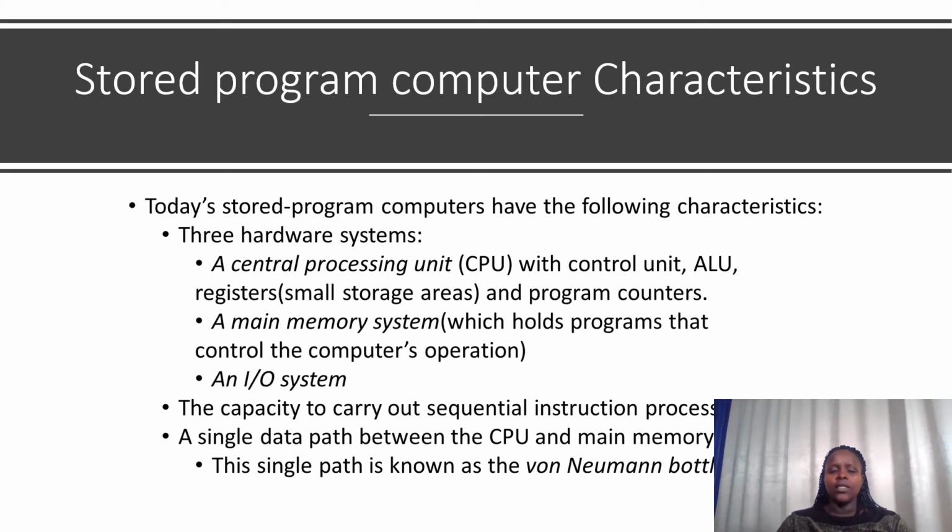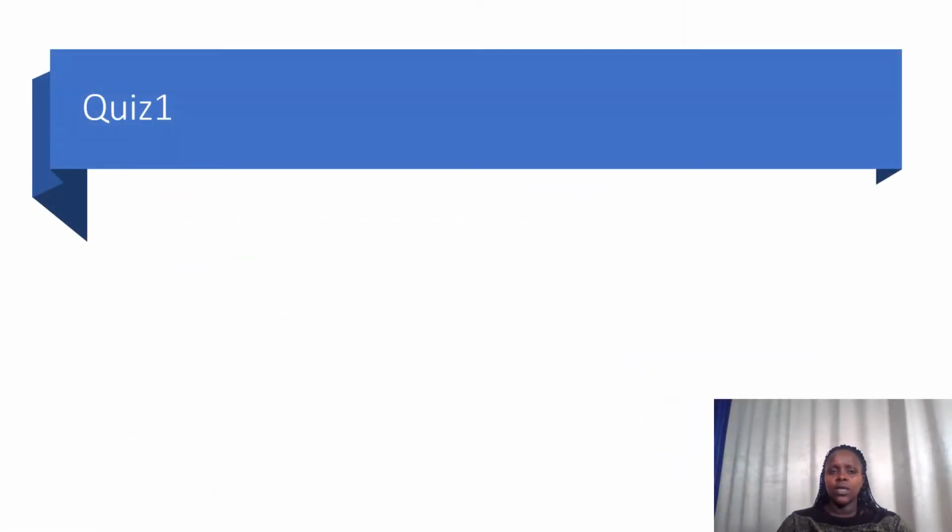Also, the last characteristic is that it has a single data path between the CPU and main memory. You know that for data to pass through the computer, it needs to pass through the buses. This single data path is known as the von Neumann bottleneck, and it is a disadvantage of this model.